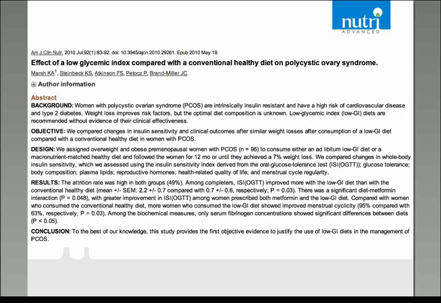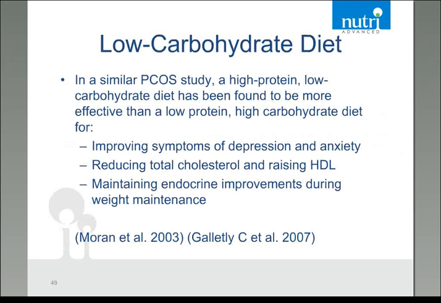And here's a study for you on the effect of a low glycemic index diet compared with a conventionally healthy diet on polycystic ovary syndrome. So, there are published studies out there, and this might give you more weighting when you're working with a client.